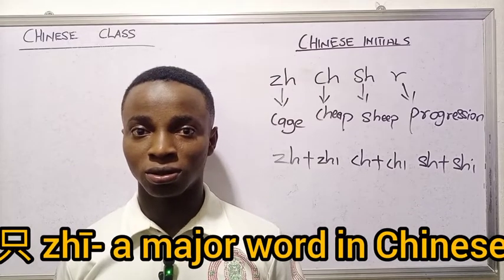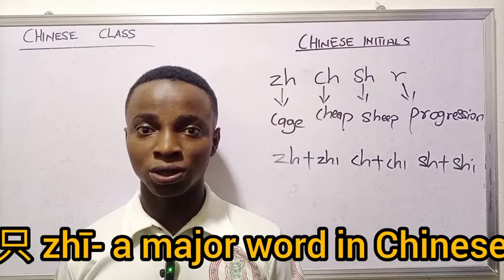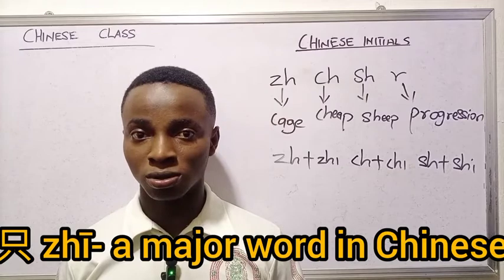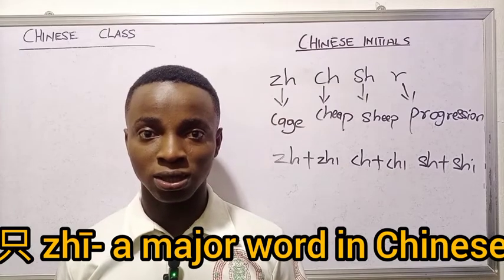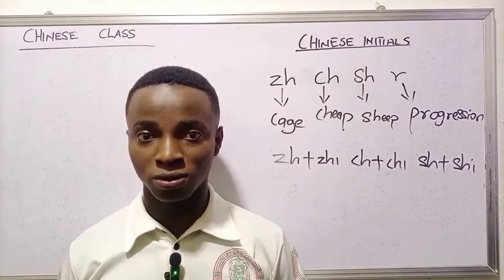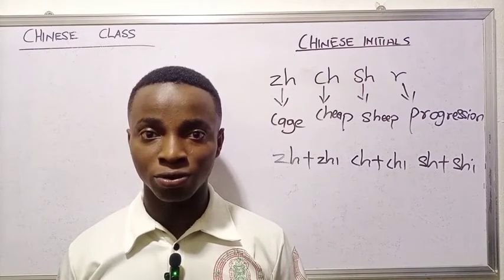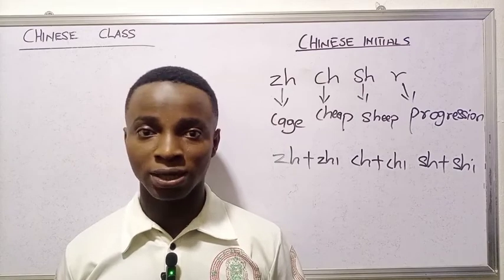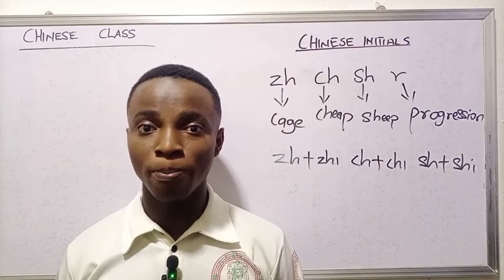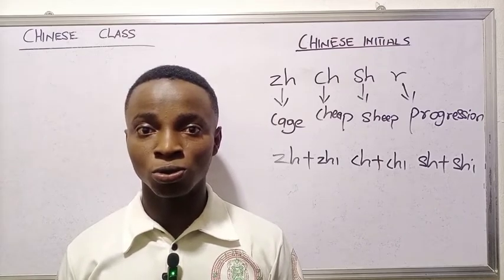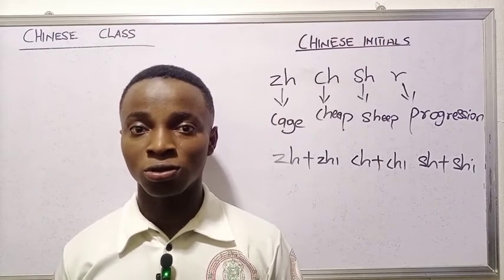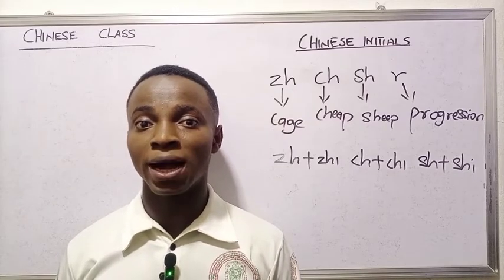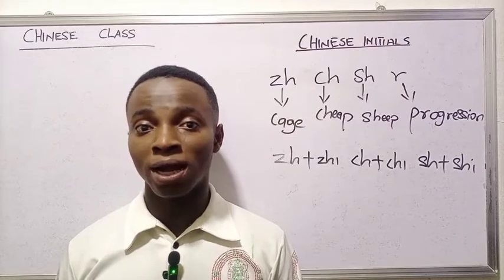只. Repeat after me. 只. Here, 只 is a measure word. In Chinese language, there is what we call a measure word. Measure words are used to combine numbers and objects. For example, in English, two pairs of shoes. The word pairs there is a measure word. It has already combined with the number of the shoes.